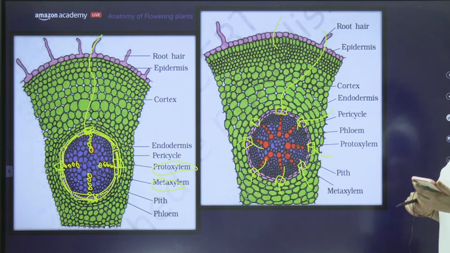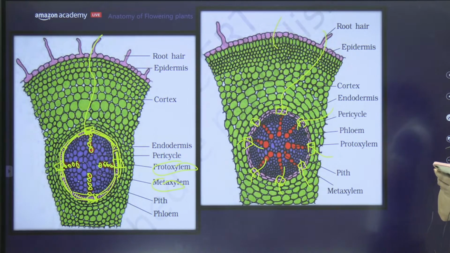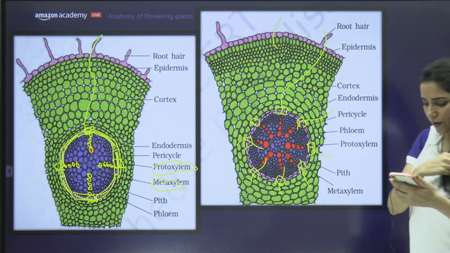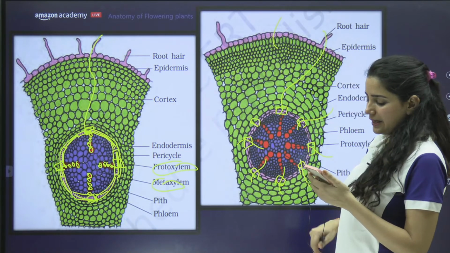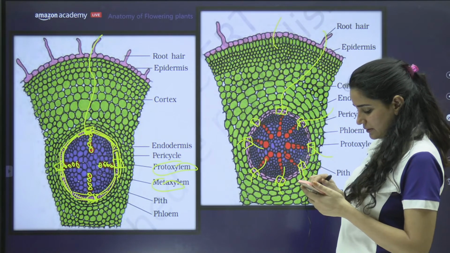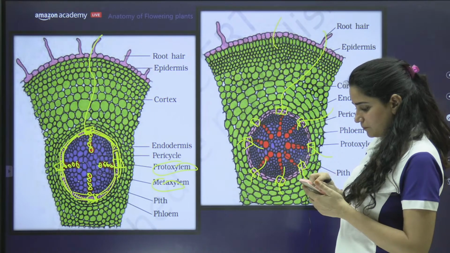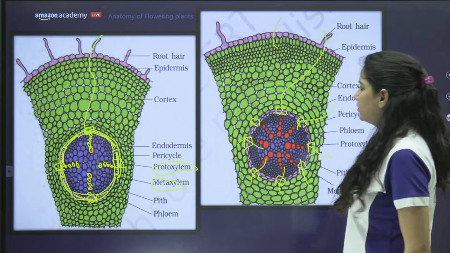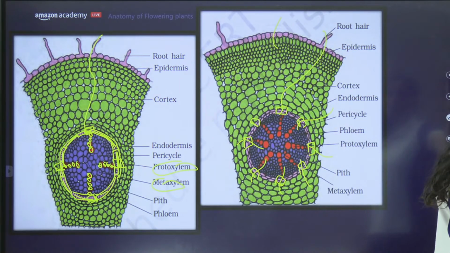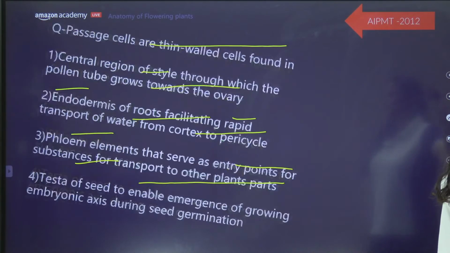समझ आ रहा है? So yeah, they serve as an entry point. They serve as entry points to the water. Yes, that's it. So coming back to the question once again, what is the question?